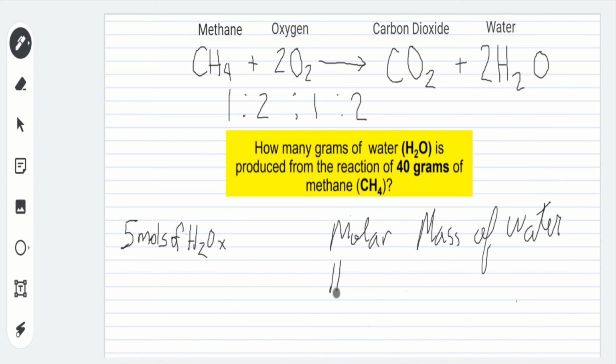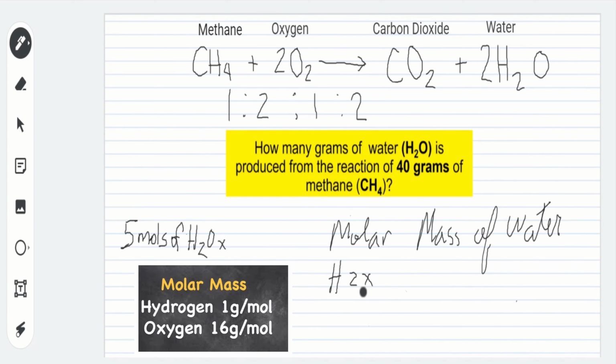So, we have hydrogen. Okay? So, kung titignan nyo, meron tayong 2, the subscript here. So, 2 times, yung molar mass ng hydrogen, round off, is 1. So, 2 times 1 gram per mole, we have 2 grams per mole.